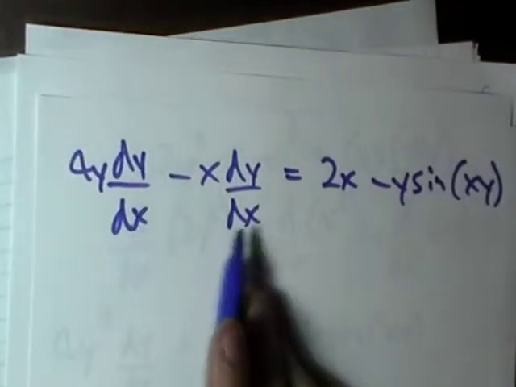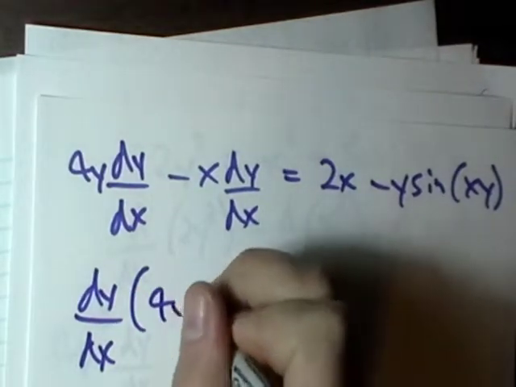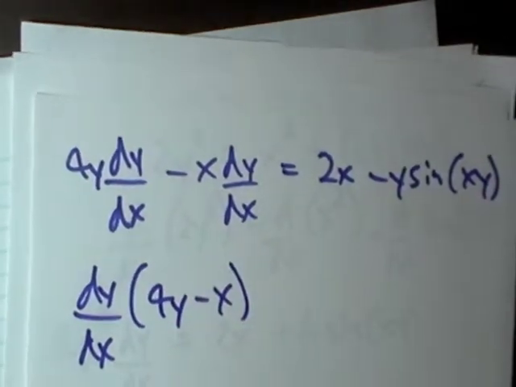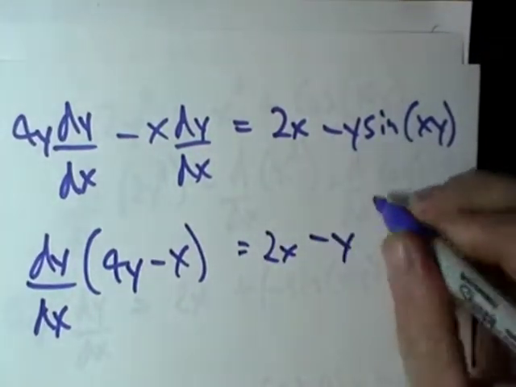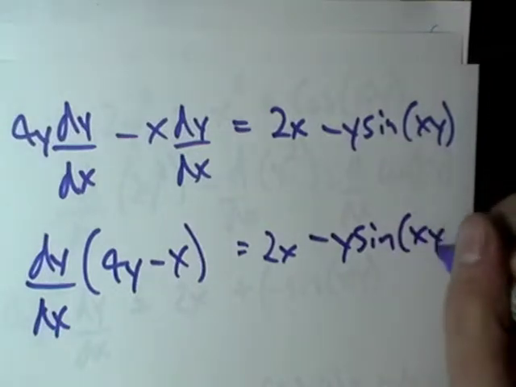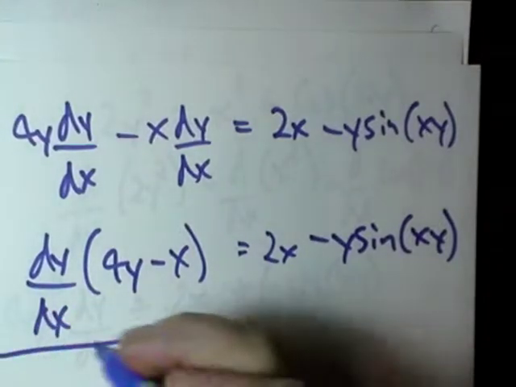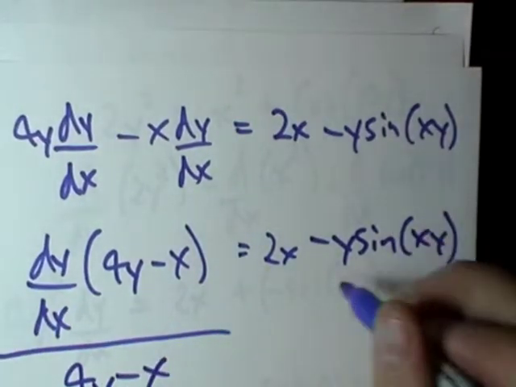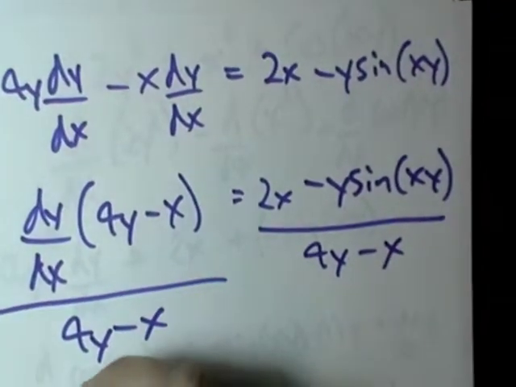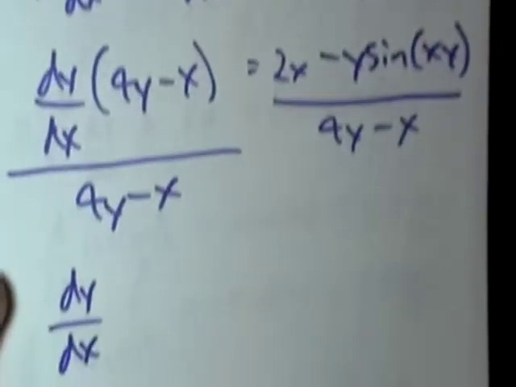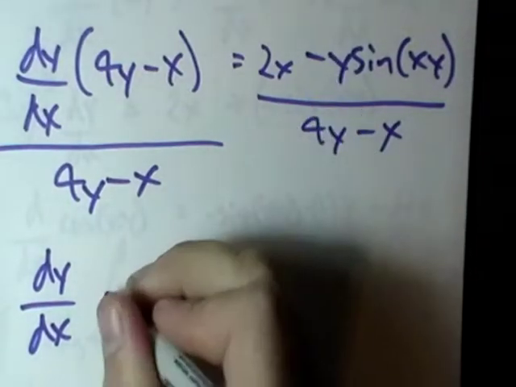I am going to factor a dy dx out of here. Okay, that's equal to 2y. Okay, then we got that. So let's divide by 4y minus x, and dy dx should end up giving us exactly that.